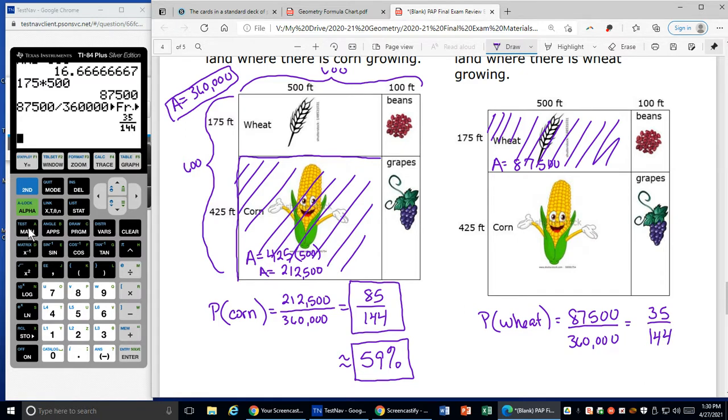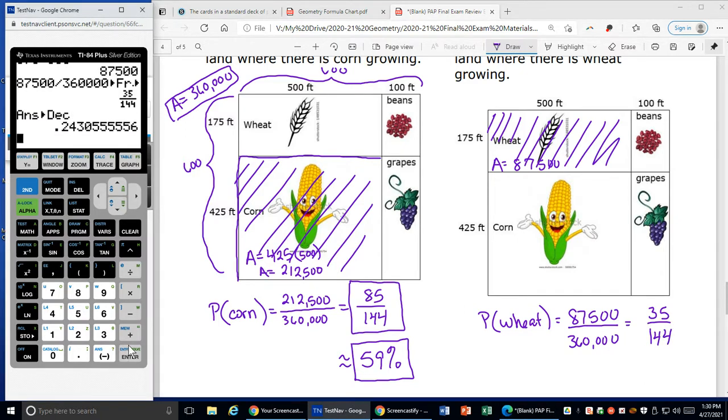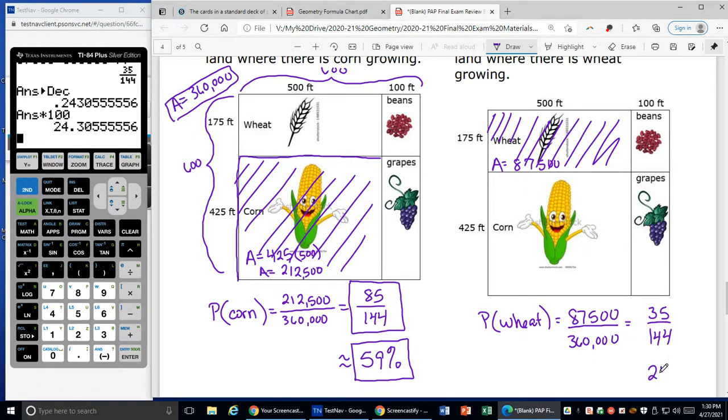As a percentage, math decimal times 100 is 24.3%. So not as likely that the bird is randomly going to land in wheat as it's going to land in corn. And that makes sense, right? Corn is a much bigger area than wheat.